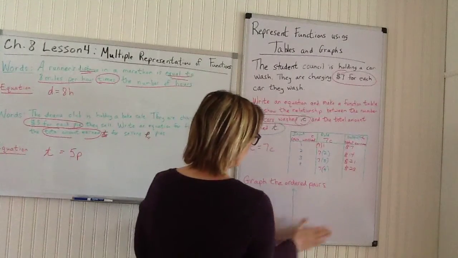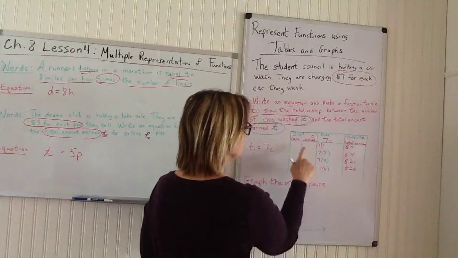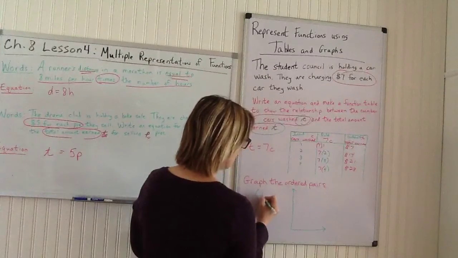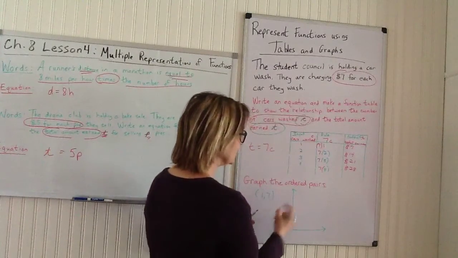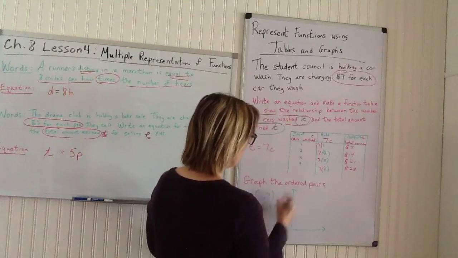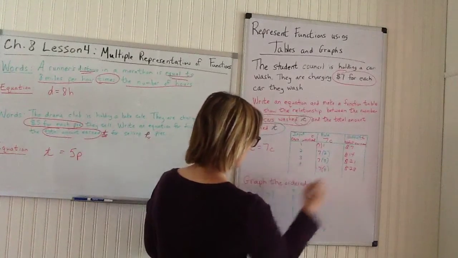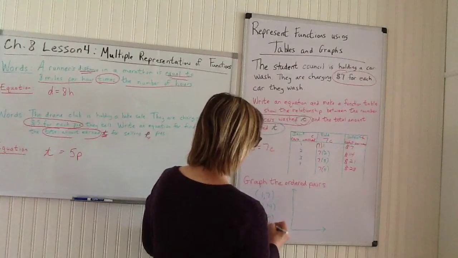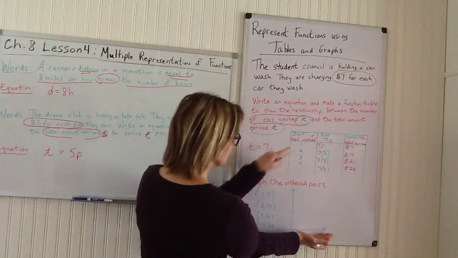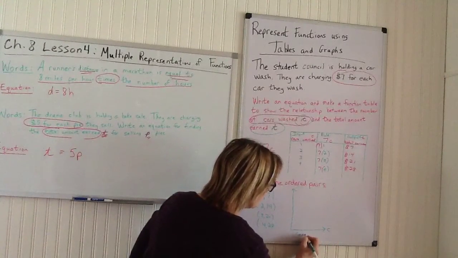So down here on my graph, I'm going to get some ordered pairs out of here. As you can see, this would be my input, that's my output. So my first ordered pair is 1, 7, then 2, 14, 3, 21, and 4, 28. Now I have to decide what axis is this. This is my x-axis, but this is actually the cars washed.